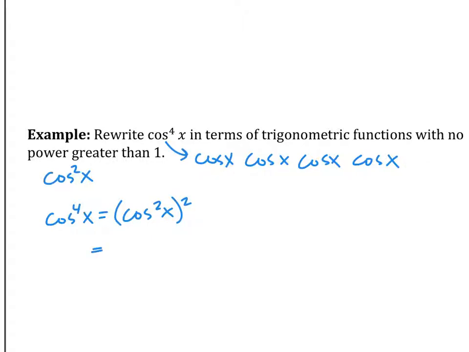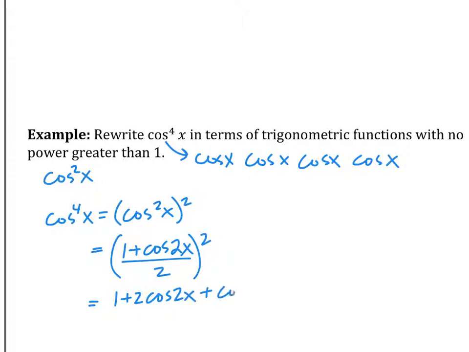Now we use the power reducing identity. Cosine squared x, we just did that. It is 1 plus cosine 2x over 2, squared. Let's FOIL that. 1 plus cosine 2x squared, we get 1 plus 2 cosine 2x plus cosine squared 2x.